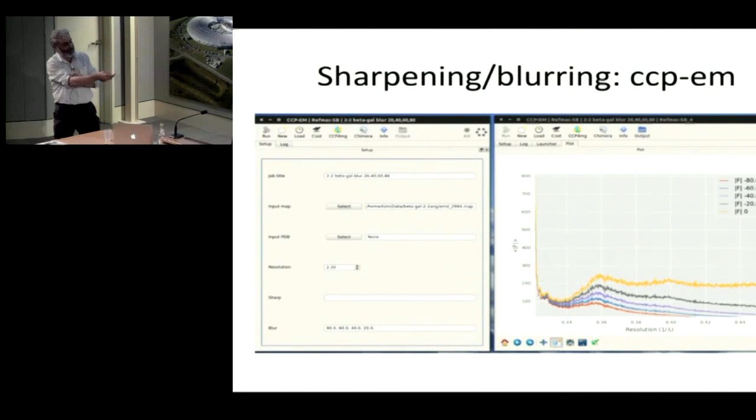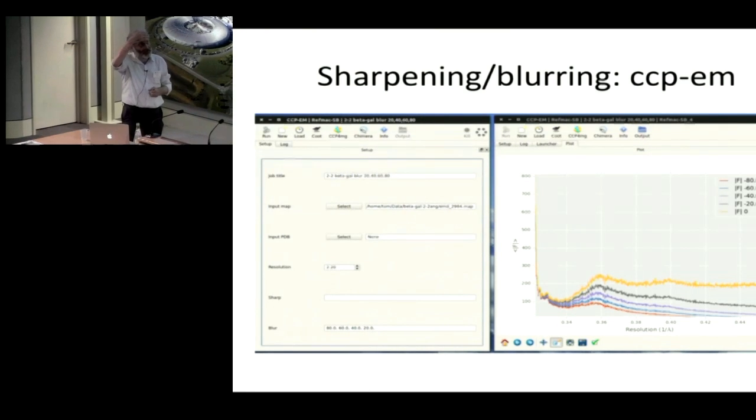From here you could immediately say that that is severe over-sharpening, that is over-sharpening where some features will be lost, and that probably that map is the best map at the moment. Sharpening should be done so that the fall of the F amplitude goes to 0 at the end.